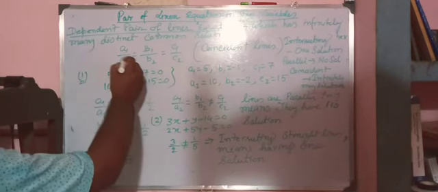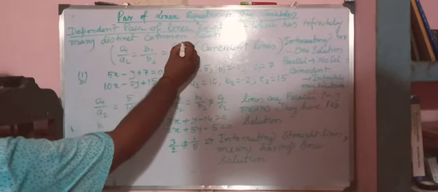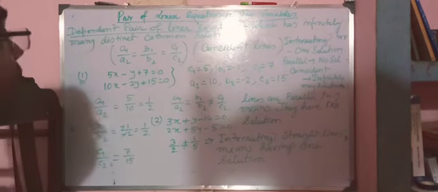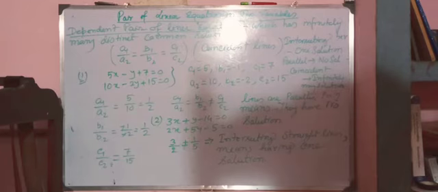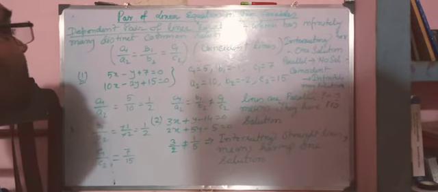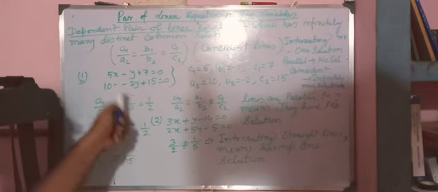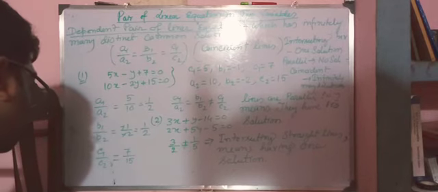We have to just compare the coefficients given in the two linear equations of two variables. We can easily get the type of that. Okay.